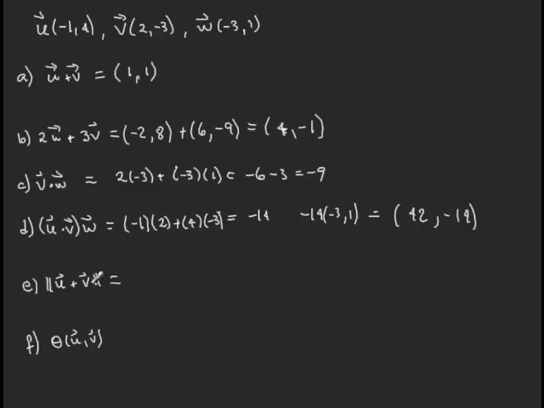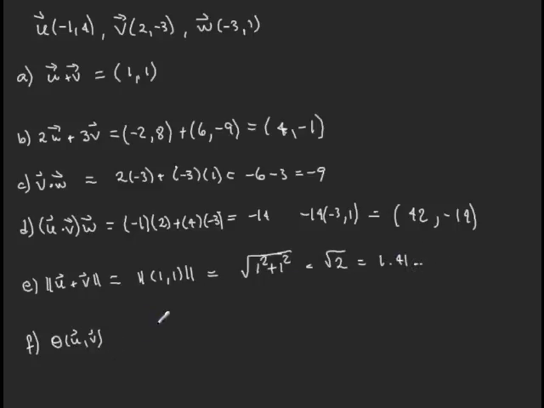So let's add u plus v together, but we've already done that in part A. So that's just like saying find the magnitude of vector 1, comma 1. And we do that simply by adding the squares of the components together, so 1 squared plus 1 squared, and then square rooting it. And so that gives us the square root of 2, which is 1.41 dot dot dot dot.